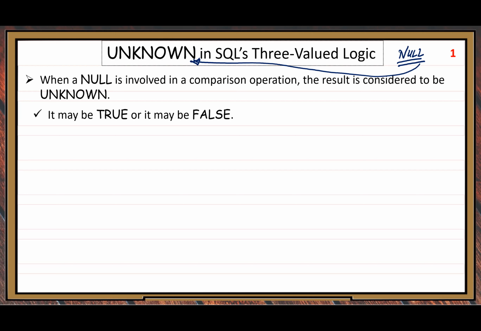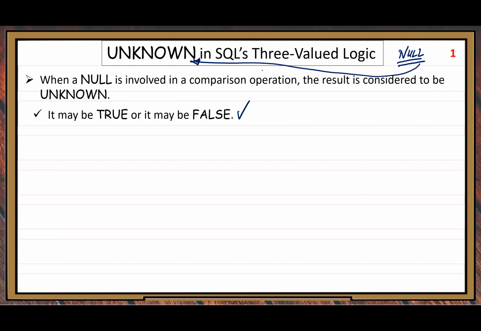It may be true or it may be false. Because later, sometimes we could have a complex Boolean expression. When unknown appears in a complex expression, how do you determine the final Boolean value? It is a little harder.